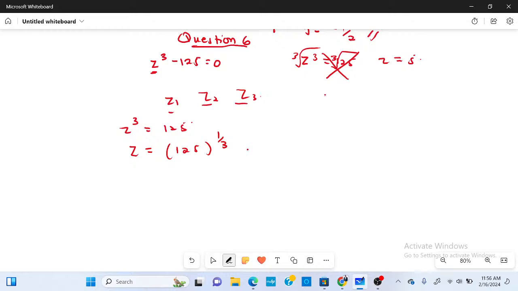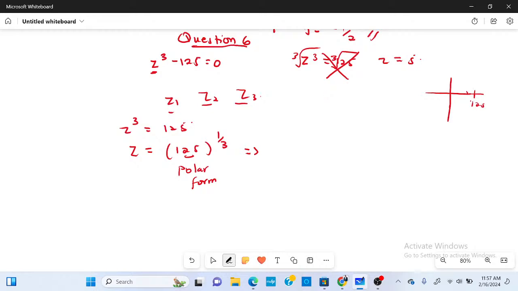At this point, you realize that before we can apply De Moivre's theorem to find the roots z1, z2, z3, the first thing we need to do is to convert 125 into polar form. This is a pure real number, but on the diagram we can represent 125 on our positive real number axis.